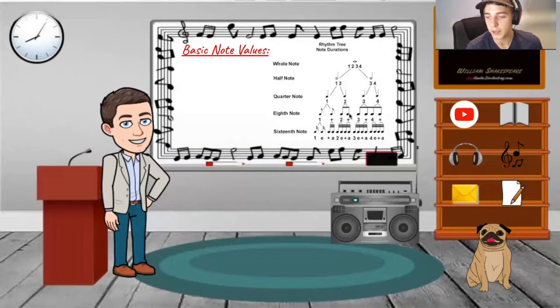So we have 2 and here, beam together, and then this next one, we can beam 4 or 5 or 6, depending on the time signature we're in. We can beam these eighth notes together in a way that we wouldn't for quarter notes, half notes, or whole notes. And the same thing is true down here for 16th notes.